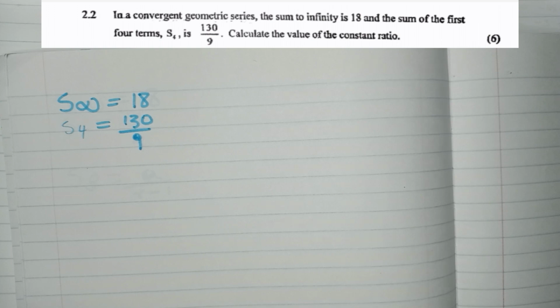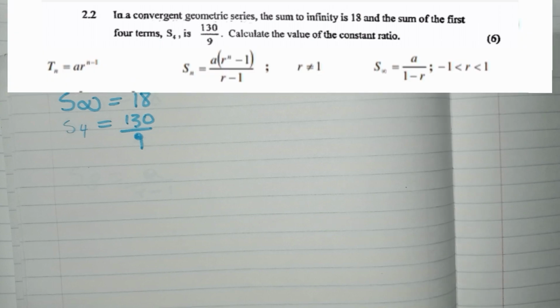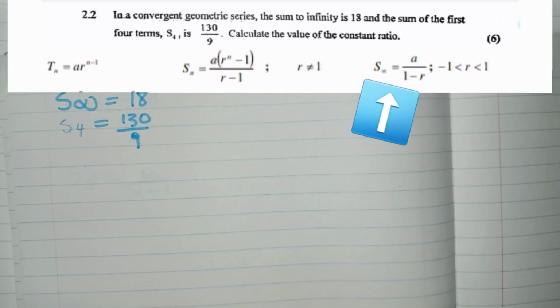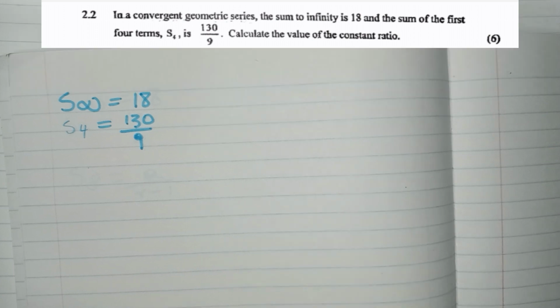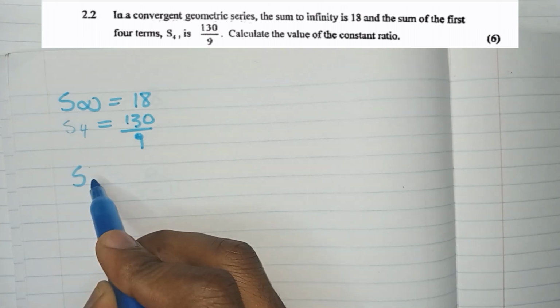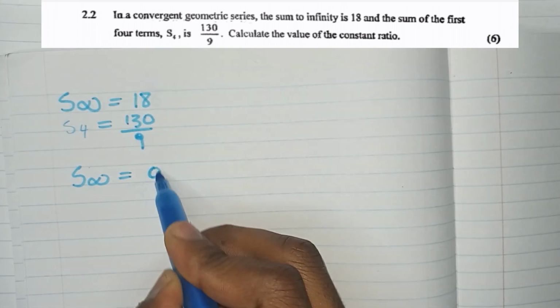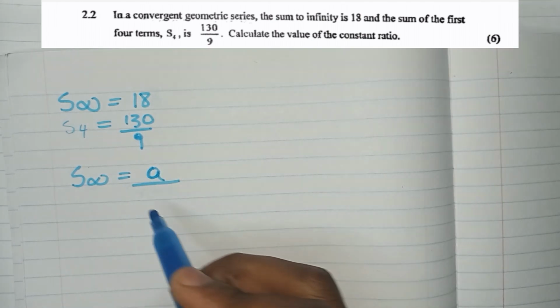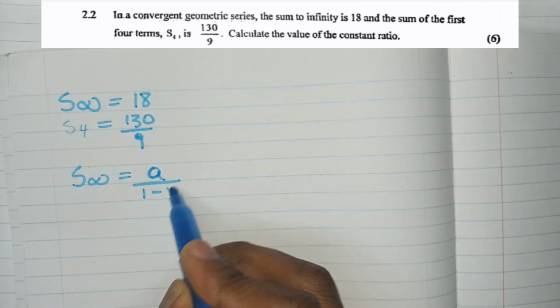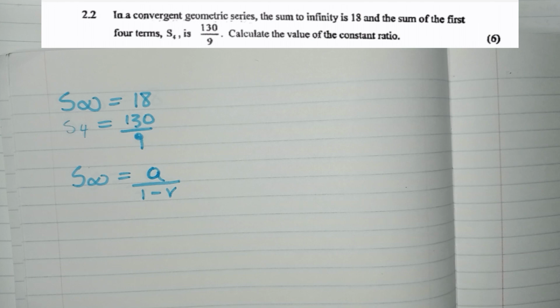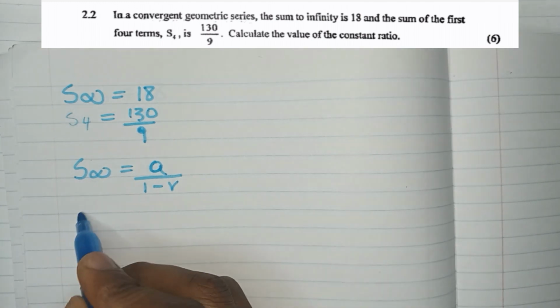We have the formula for the sum to infinity and the formula for the sum. The formula for the sum to infinity is S to infinity equals A over 1 minus R. The sum of the terms will be Sn.